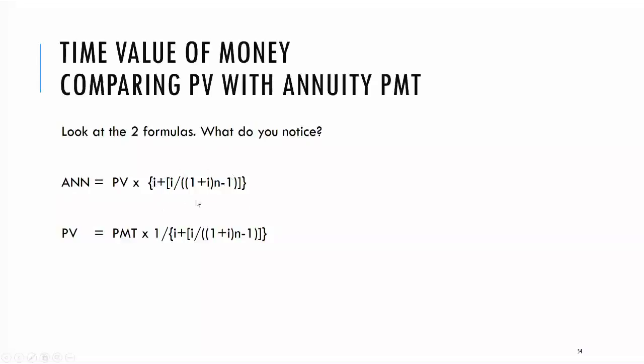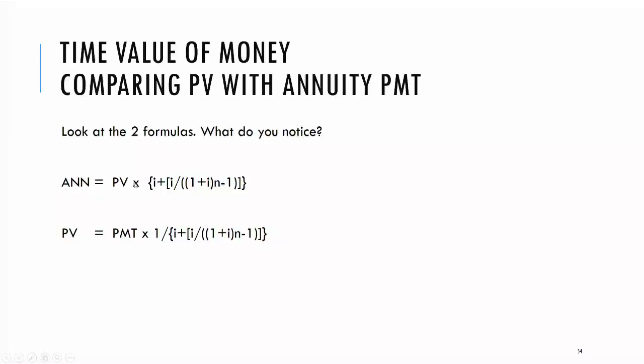The same part of the formula appears in this one. So now you need to calculate the present value. What you need to do is get this part underneath of the annuity. Twist this formula around, right? This is the formula to calculate the annuity.